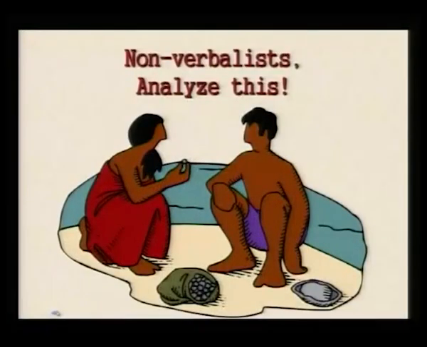Now, just as a concluding one, assuming that you have become a non-verbalist, if you quickly analyze this picture, what do you find? Very quickly, if I ask you the question, who is interested in whom? Who is interested in what?